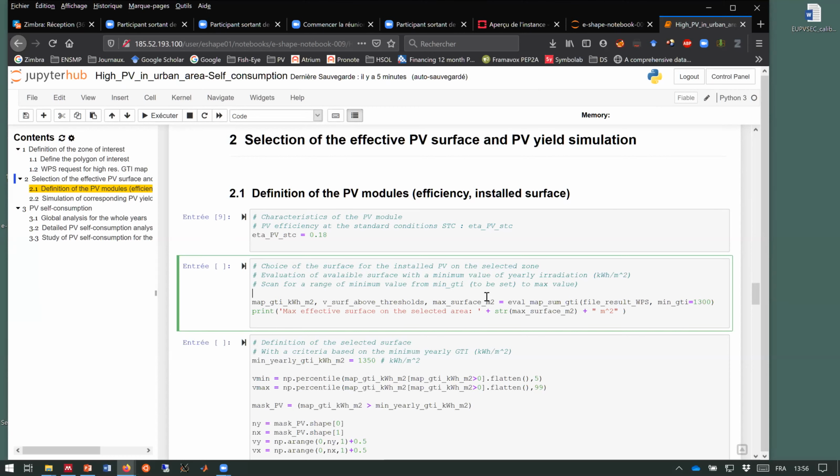So we made some treatment of the DSM for computing the locations where the roof was flat with a specific angle, and basically we use the tilt and azimuth of the roof for computing the PV, the GTI, the global tilted irradiation.